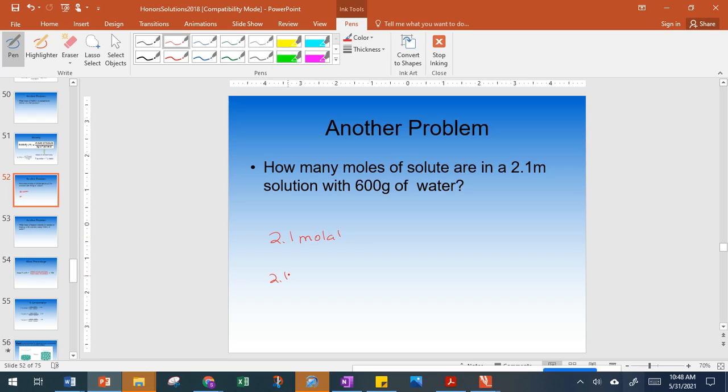So we have 2.1 moles over kilograms is equal to X over, and we have to get this into kilograms, so this will be 0.6 kilograms. So we do 2.1 times 0.6, and that gives us X is equal to 1.26 moles. For sig figs, that would be about 1 mole.